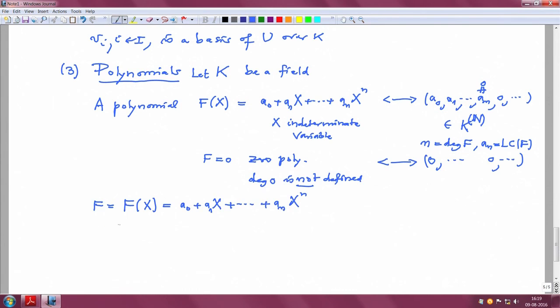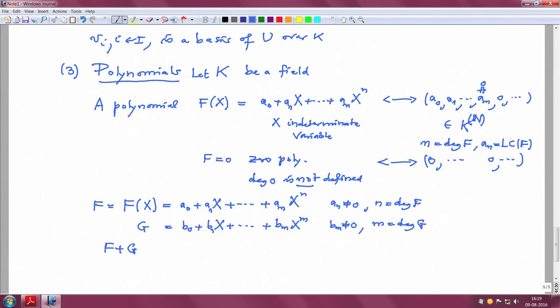G is another polynomial, b0 plus b1x plus ... plus bm x^m. an is non-zero, bm is non-zero. n is the degree of f, m is the degree of g, and then you add f plus g, same as we have been doing.